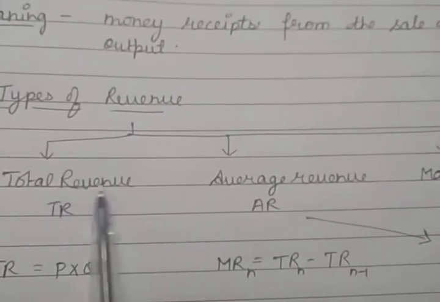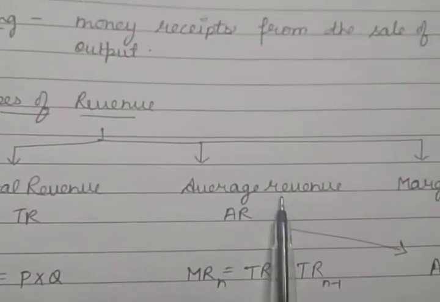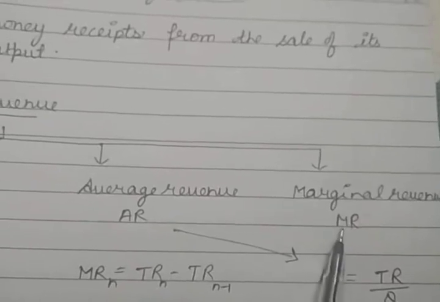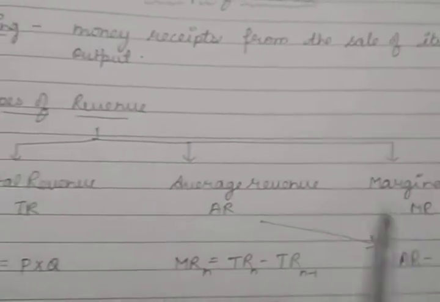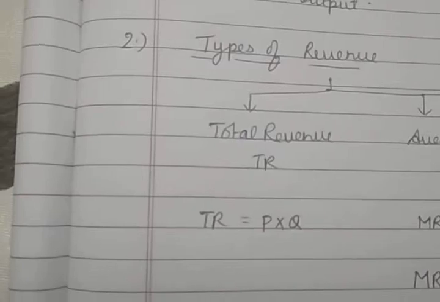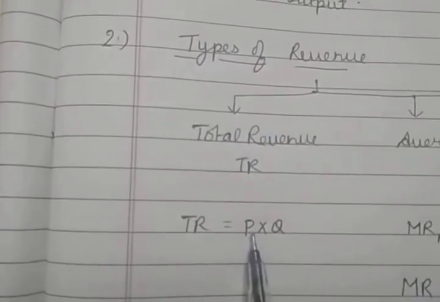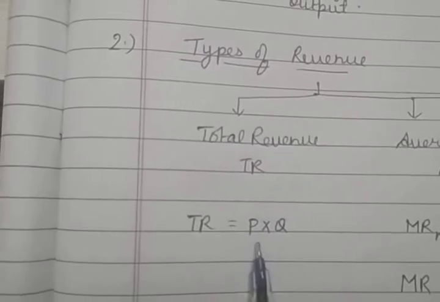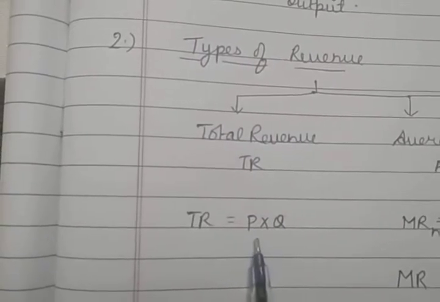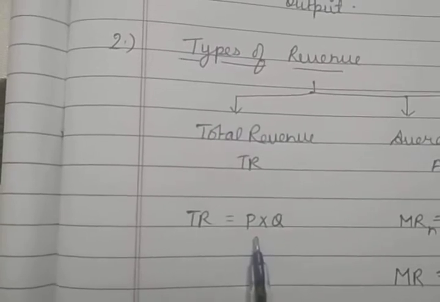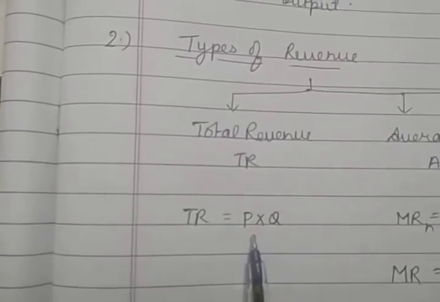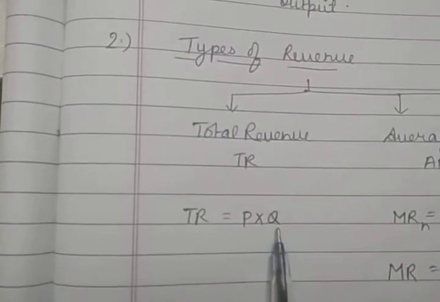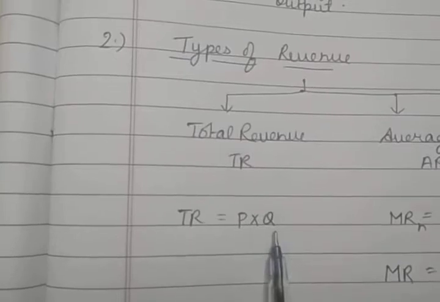Three types. First is total revenue, TR, average revenue, AR, and the last one is marginal revenue, that is MR. So first of all, let's discuss TR. TR means the total amount of money that a firm receives from selling a given amount of its output, or you can say TR is equal to the price of the product multiplied by the total number of units sold.